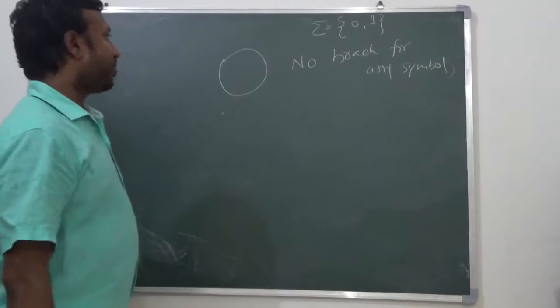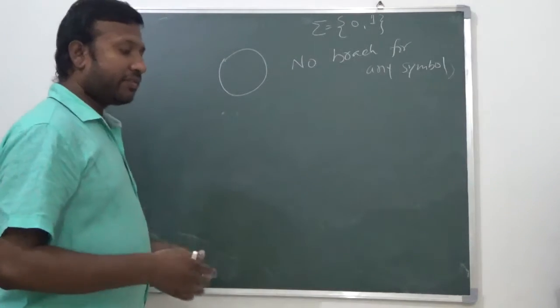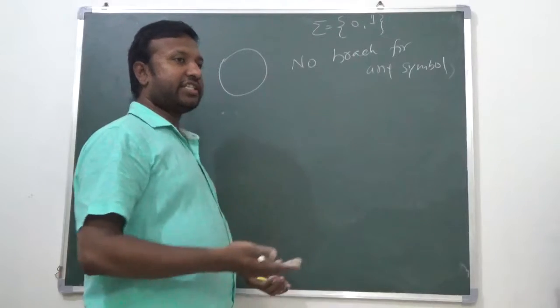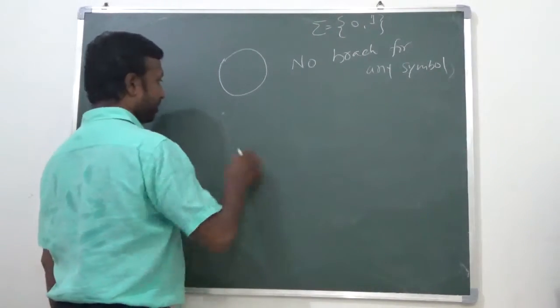No branch for any symbol. That means the next state is undefined, right? That is one question.